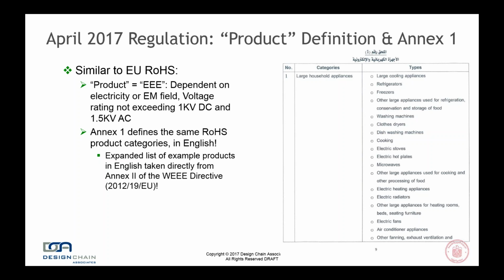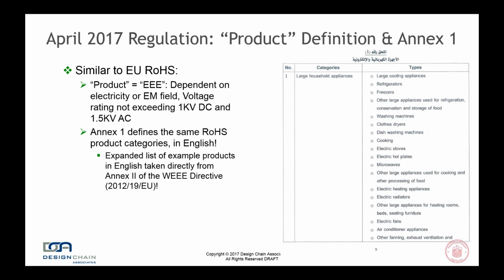Annex 1, in this case, is the product categories. And similar to EU RoHS, I think it's Article 1, defines product the same way essentially as EU RoHS defines EEE, electrical and electronic equipment. Dependent on electricity or electromagnetic fields, voltage ratings not exceeding 1000 volts DC and 1500 volts AC.